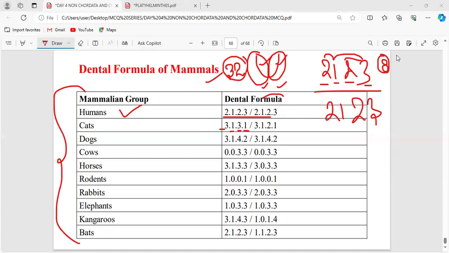That's all about the MCQs for unit 1, general concepts, unit 2, non-chordata, and unit 3, chordata. Do you find any difficulties in any topics? I'm all yours. You can ask me now.